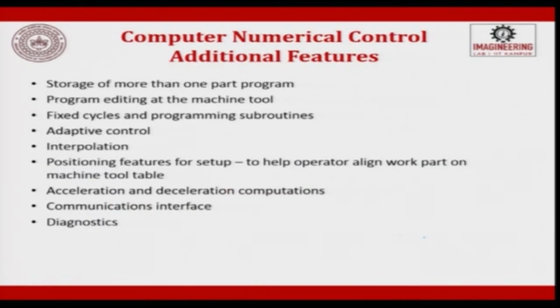What are the additional features a CNC machine has? It has a storage feature, it allows you to edit, it has fixed cycles and programming subroutines. If you are not able to visualize fixed cycles and subroutines, you can think of them as a library function. A library function does a set of operations wherein you give 1 or 2 parameters and get the entire operation done.